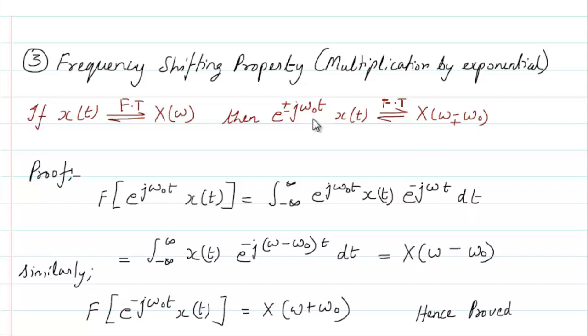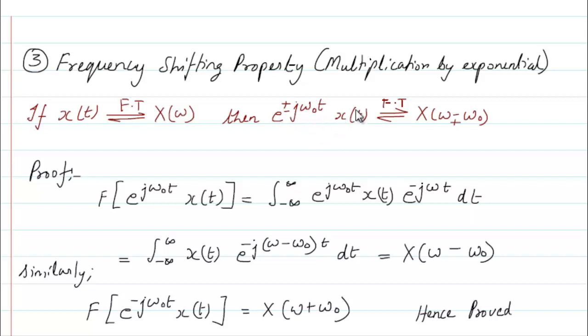Now here I want to say something. When you have e raised to power plus or minus j omega naught t, you can see that this comes from Euler's formula, the exponential, which is used for both sine as well as cosine. So you are basically multiplying x of t with a sine or a cosine, and that is modulation.